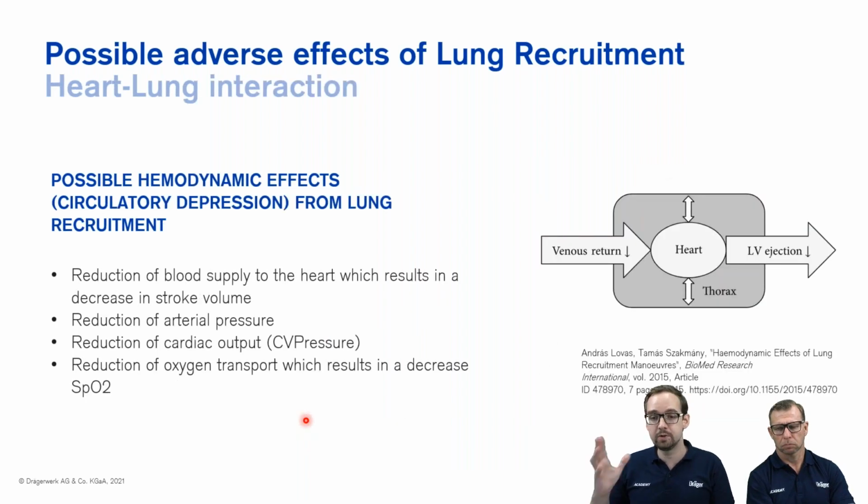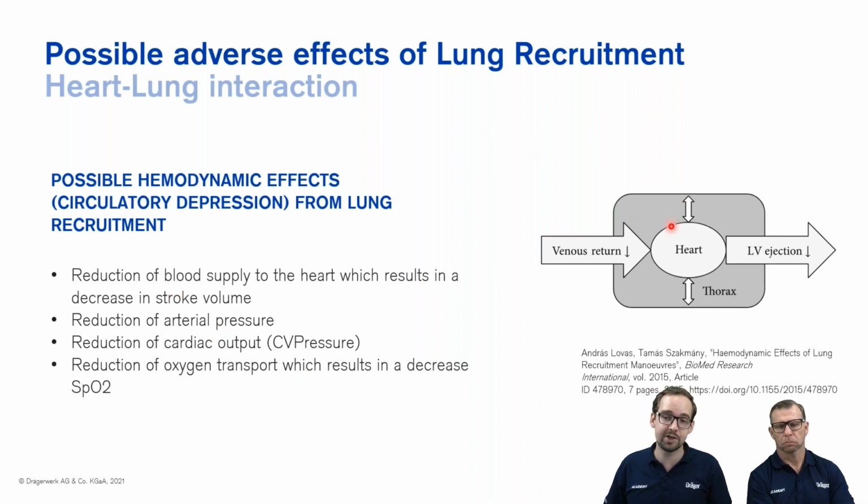At the same time, you also need to look at the cardiovascular system. As John rightfully said, both the lung and the heart share a cavity. They're both in the thorax. So, of course, by increasing airway pressures or pressures within the chest, we might have a possible circulatory depression.